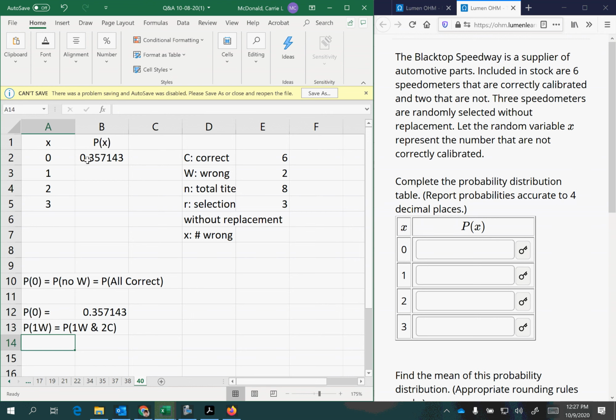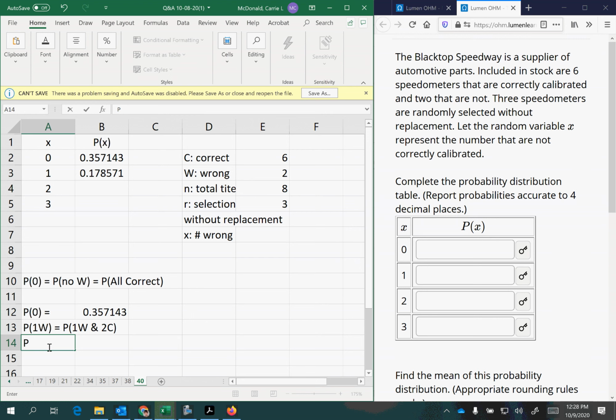So I'm going to do the probability of the first one being wrong, 2 out of 8, times the probability that the second one is correct. There's 6 correct, so 6 divided by only 7 remaining after I took out a wrong one, then times 5 correct left out of a remaining 6. And so we continue in this way to get all these answers.